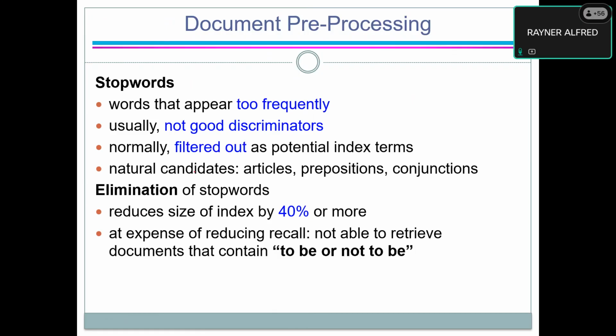And this can reduce the text by up to 40% or more. For this one, we are not able to retrieve a document that contains it, because all of these are stop words, too frequent, so we eliminate them from the vocabulary.